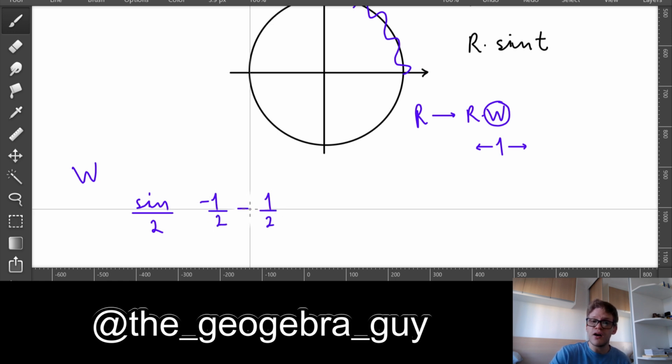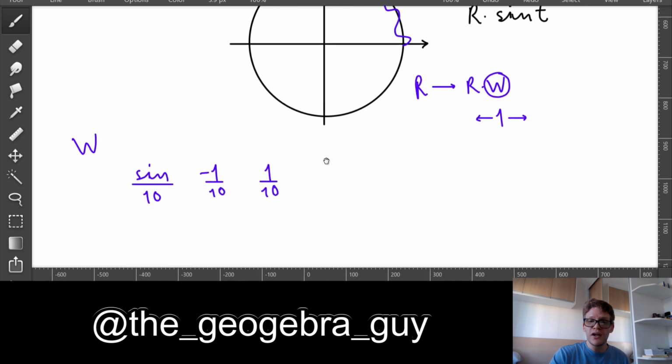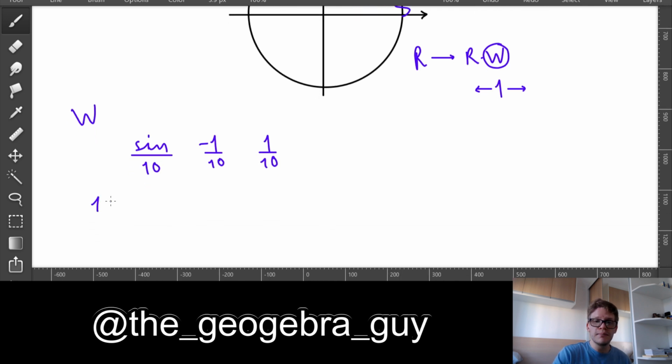So we are getting there, because if I go sine over 10, it oscillates between -1/10 and 1/10. But this isn't quite what we want, right? So what we want to do is make 1 plus sine over 10. So this is gonna oscillate between 1 minus 1/10, that is 0.9, and 1 plus 1/10, that is 1.1.